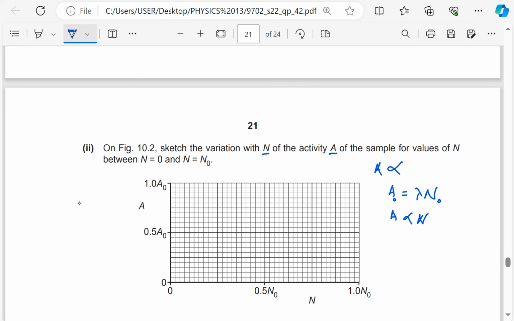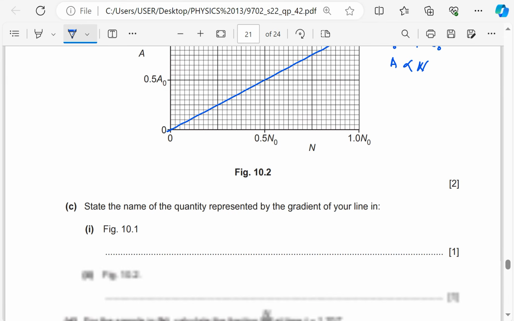When N is 0, the activity is, of course, 0. So the graph of activity against N is going to be a straight line through the origin.